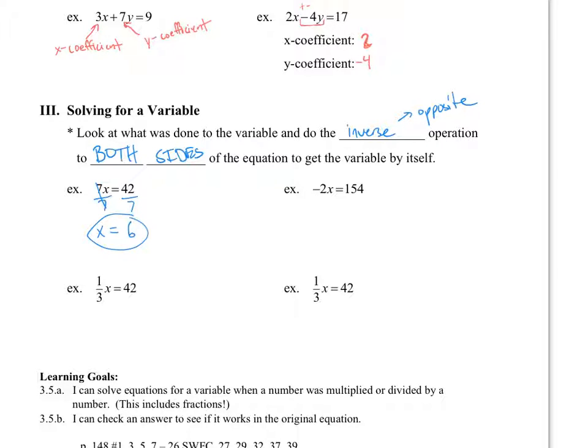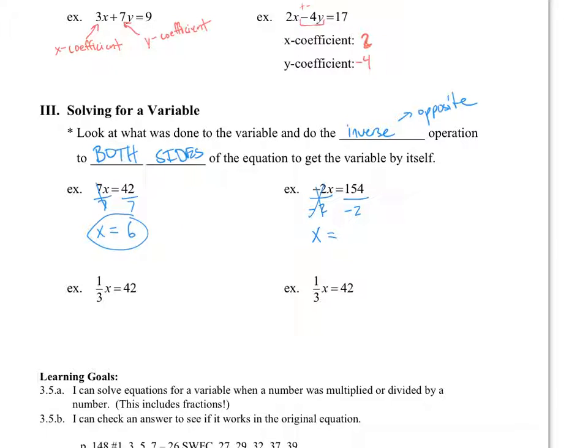Okay, so what's happening to this x? It's being multiplied by -2. So you're going to divide by -2. These cancel. You get x equals, Erica, you always have your calculator.